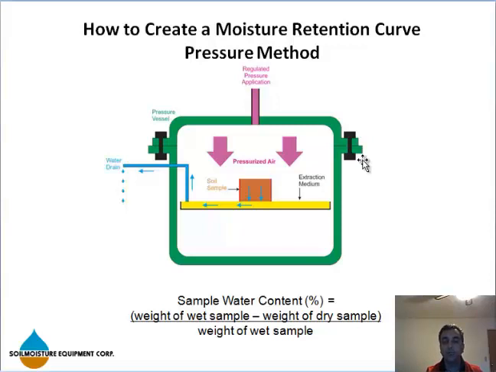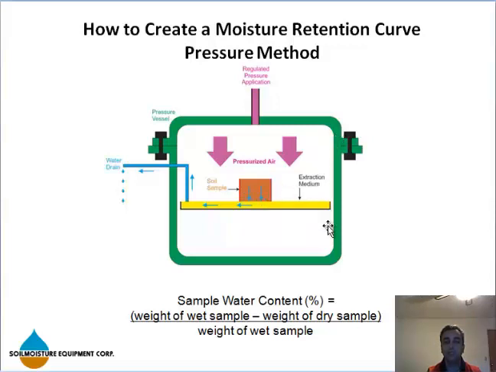Our lab equipment is basically used for conditioning the soil sample at a certain soil tension. For example, if you would like to condition your soil sample at 1 bar of pressure or tension, better said, in other words, you want the soil moisture of your sample to be at 1 bar of tension, this is how you do it.